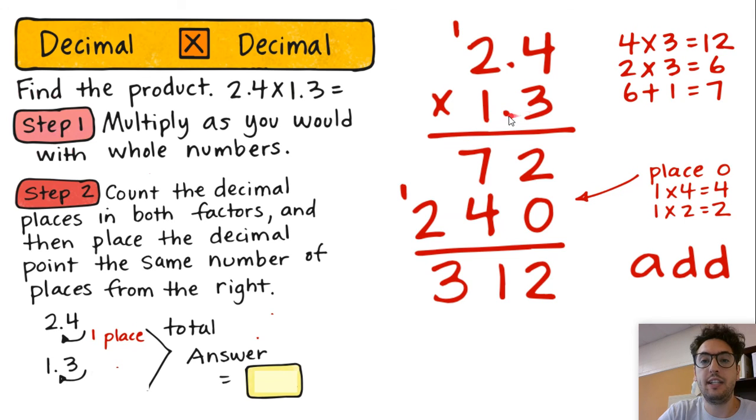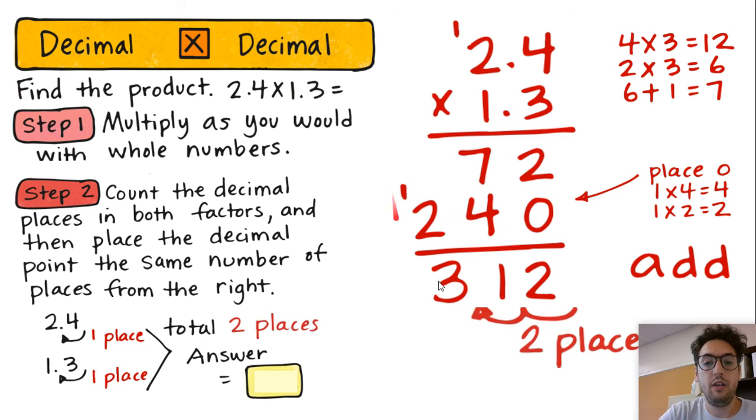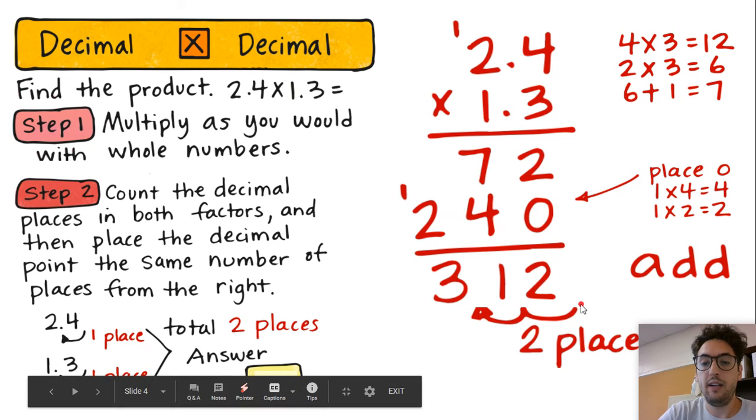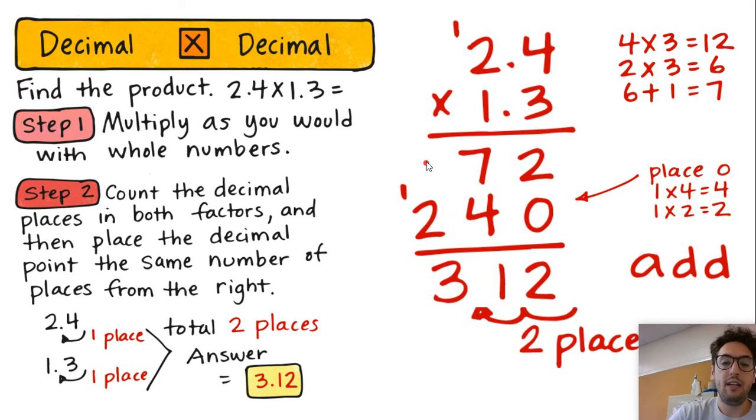And then we've got a decimal here with 1 place. So in total, we've got 2 places that we need to move our decimal. So we start from the right, you go 1, 2, and that's where we add our decimal. And then in the end, we're going to end up with 3 and 12 hundredths. Okay, 3 and 12 hundredths.